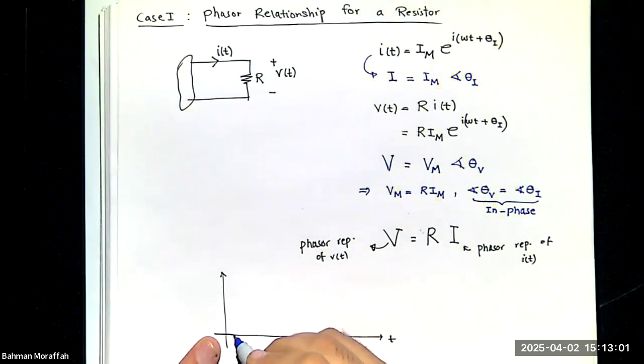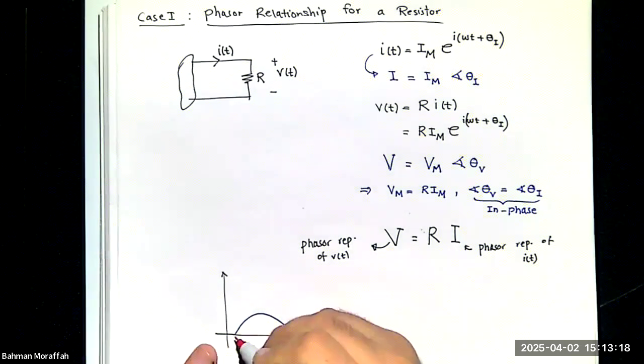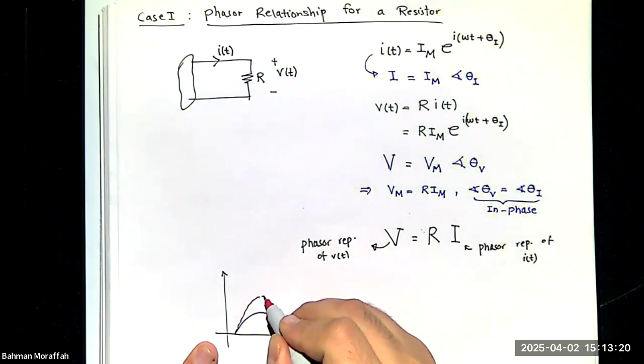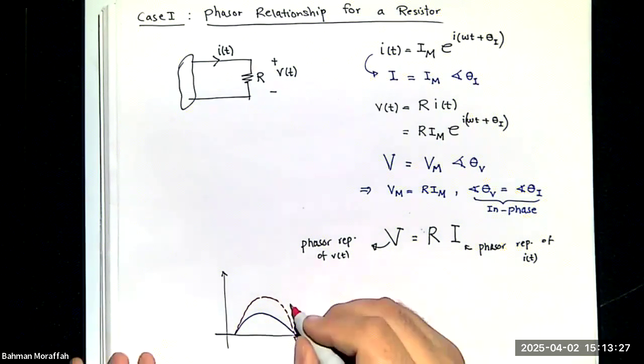And if this is my i(t), for example, I know v(t) is exactly the same as i(t) in terms of phase. The only thing that changes is the magnitude. So my v(t) must look like this. And this is my v(t).